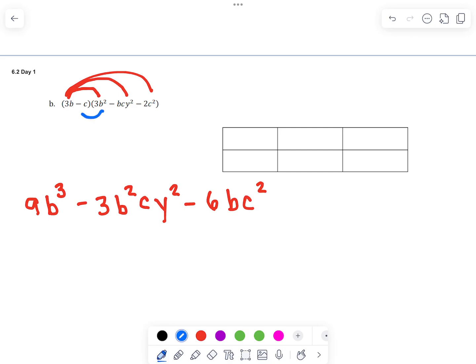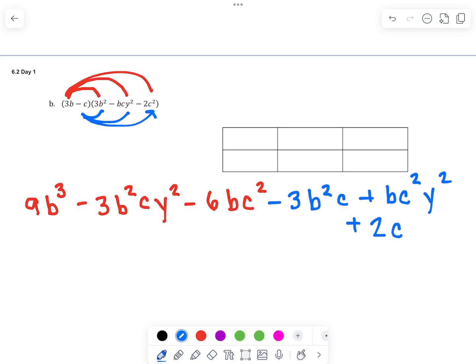Distribute. Minus 3b squared c plus bc squared y squared plus 2c cubed. And then we look to see if we have any like terms.